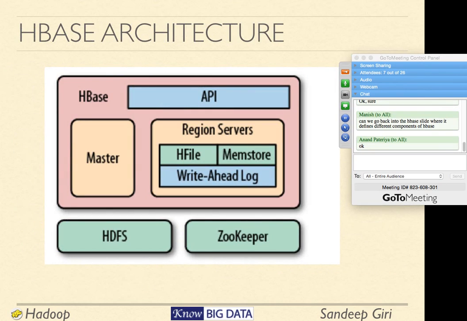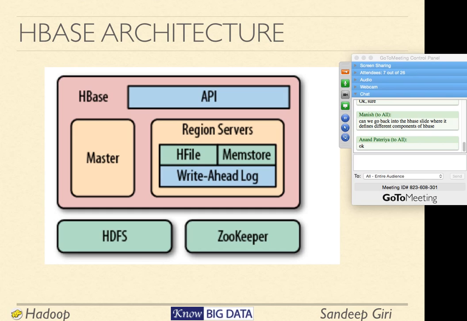So these are the various components we have in HBase, Manish. You have HDFS, Zookeeper, then you have master, and then region servers. Master and region servers store their data in the file system, which is HDFS, and the coordination between master and region server happens through Zookeeper.